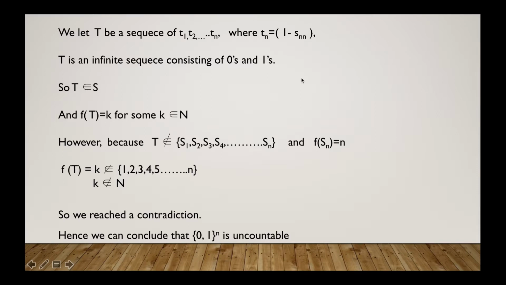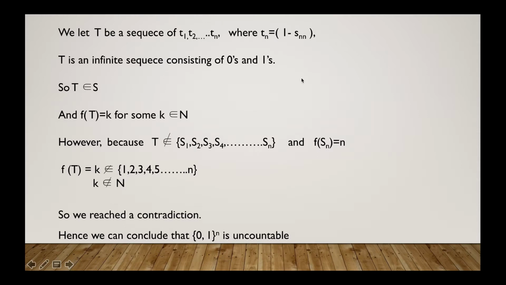However, since we found that there always exists a term in sequence T that is not equal to the corresponding term of any sequence Sn, and since f(Sn) is equal to n, f(T) equals k is not an element of the set 1 to n, and this set is the set of natural numbers, so k is not a natural number.